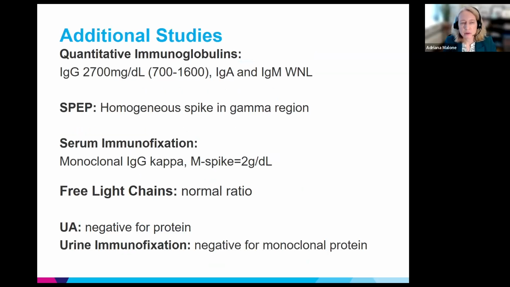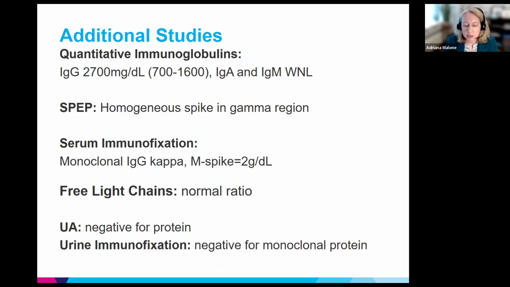So the labs that are ordered are the multiple myeloma studies. First, the quantitative immunoglobulins are checked, revealing an elevated IgG and a normal IgA and IgM. The SPEP, a test which separates proteins based on physical properties using electrodes with positive and negative charge, size, and shape.